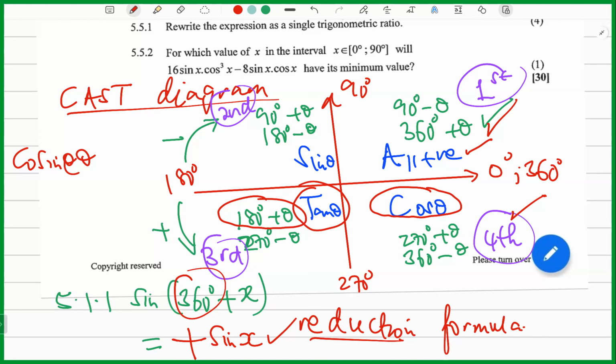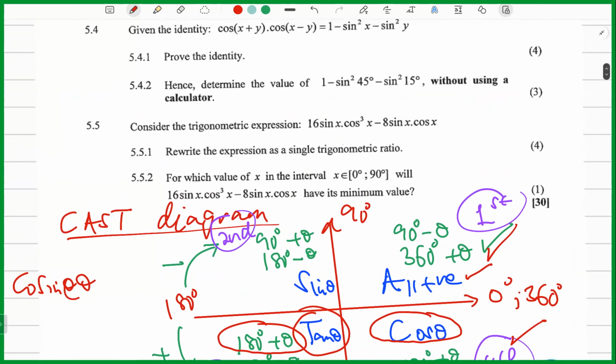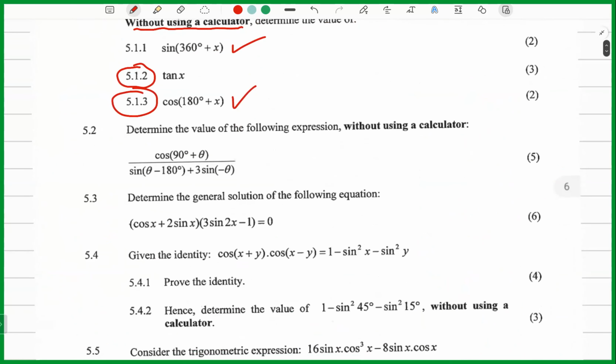Negative. So yes, it can be negative. I'm not sure if I'm answering your question there. Okay, that's fine. I'm sure we shall understand as we go along.